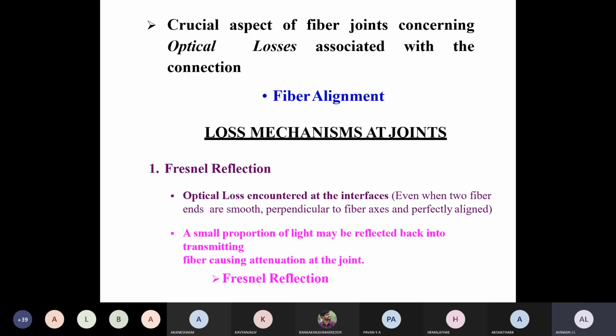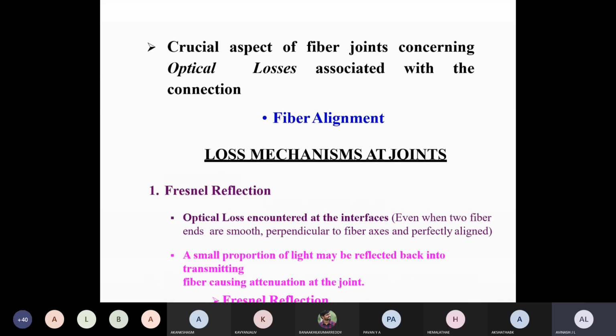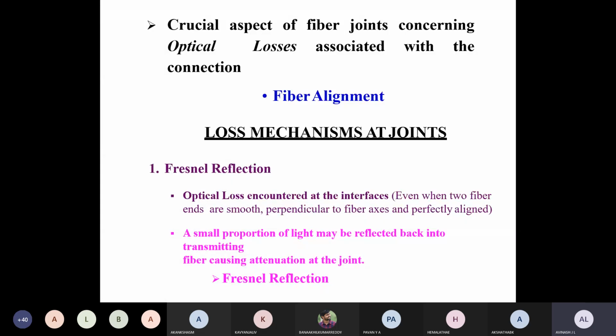That is attenuation. This is called Fresnel reflection. Please make a note of it. This diagram indicates how Fresnel reflection happens. First take these two sentences, later we can see the diagram.